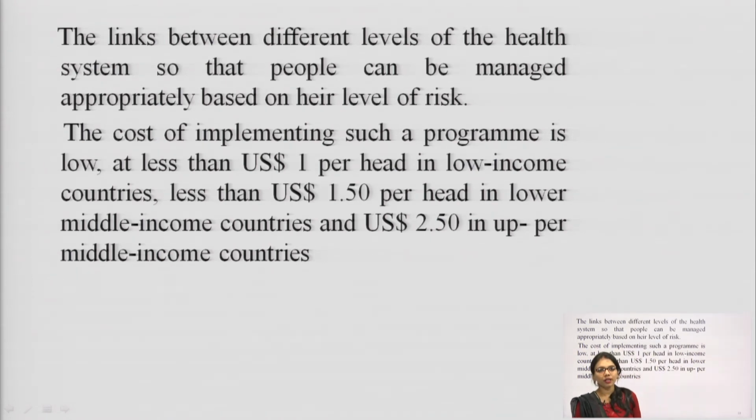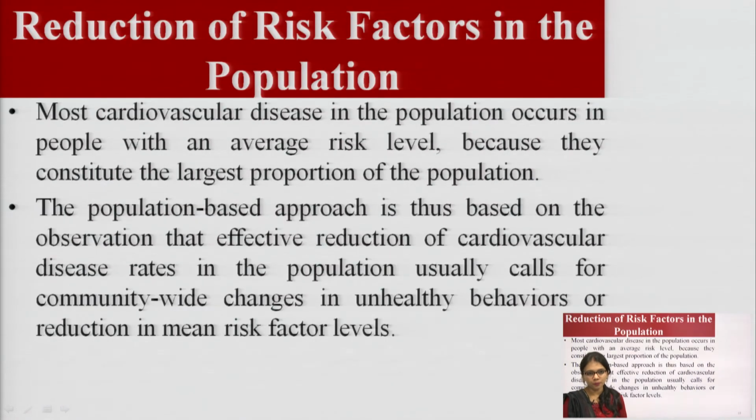So, the link between different levels of the health system, so that people can be managed appropriately based on their level of risk, and the cost of implementing such a program is very low, with a reduction of risk factors in the population. Most cardiovascular disease in a population occurs in people with average risk levels because they constitute the largest proportion of the population.